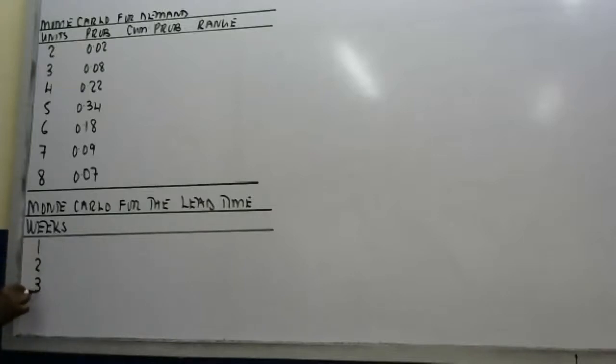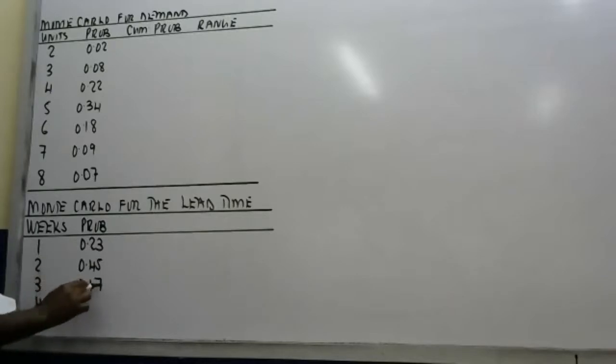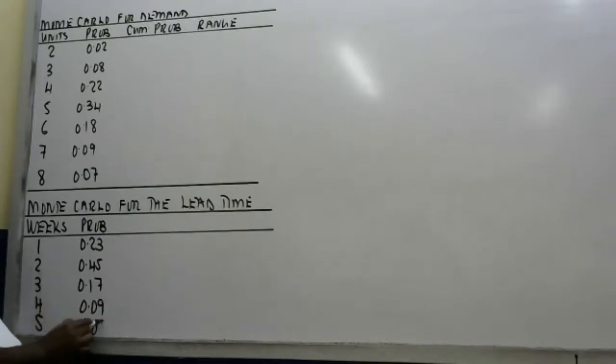Then I have the probability of 0.23, 0.45, 0.17, 0.09, 0.06.